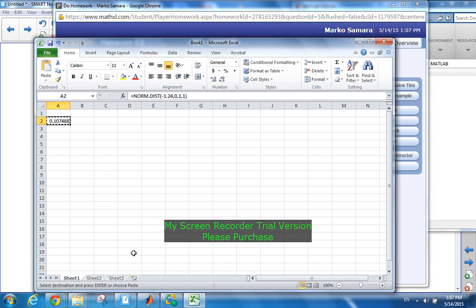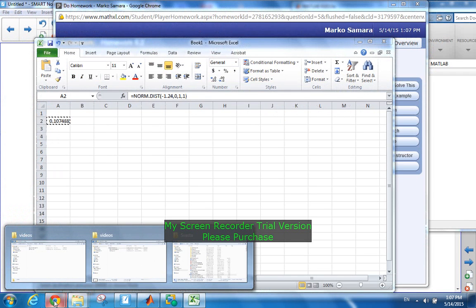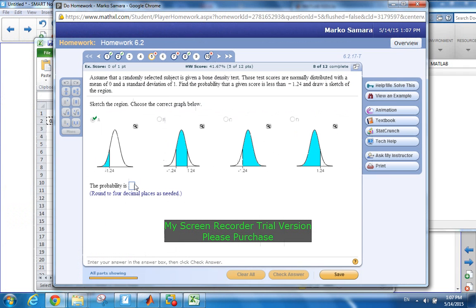Control copy, and then go to this box, and it says round to 4 decimal places. So where is the 4th decimal place? 4 is in the 4th decimal place, 8 is in the 5th one, so we update 4 into 5, and delete the rest from there. So that's the value.